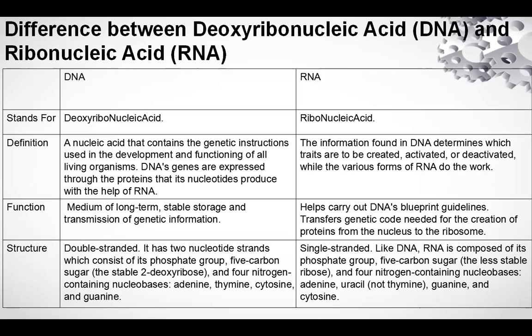Basically, DNA's genes are expressed through the proteins that its nucleotides produce with the help of RNA. While RNA can be defined as the information found in the DNA, which determines traits that are created, activated, or deactivated.